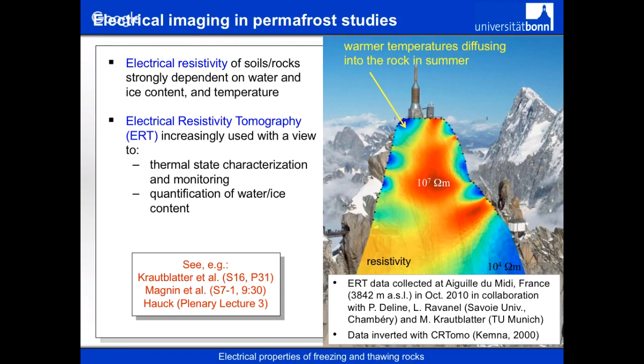And these diffusion times, describing the thermal conduction mainly, are of the order of a couple of months. So when interpreting those high resistivities, you probably see the winter signature from 6 months before within the rock. And so that's valuable information, DC resistivity.